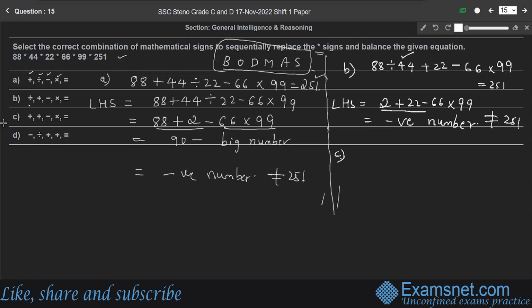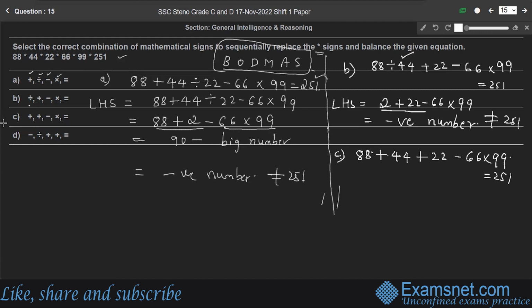Option C. Yes. 88, the first asterisk should be replaced by a positive sign, plus 44. The second asterisk also should be replaced by plus, 22 minus 66 into 99 should be equal to 251. Right?